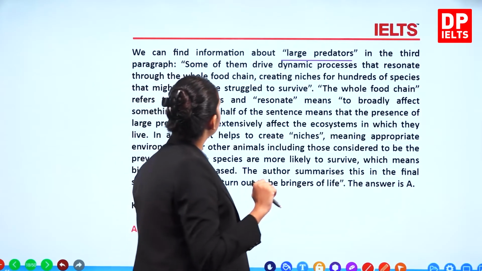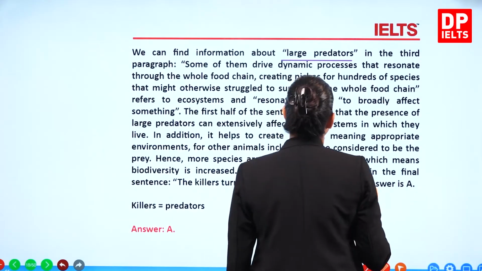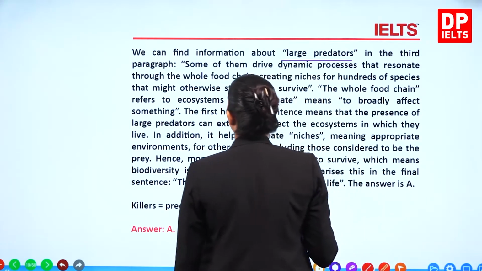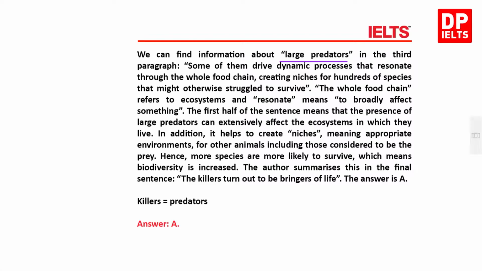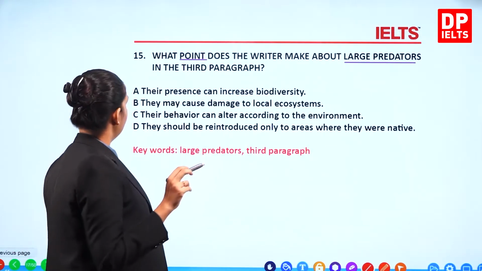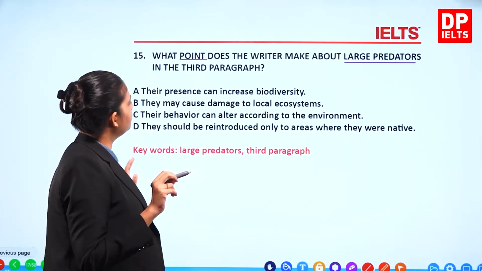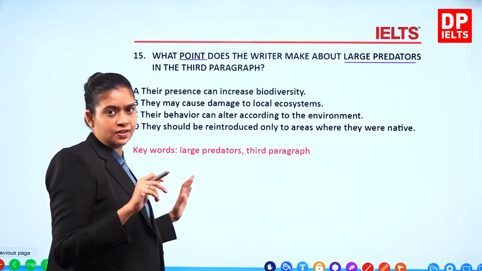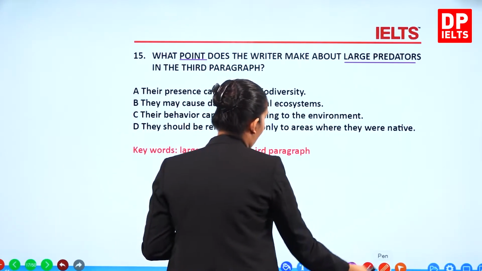Some of them drive dynamic processes that resonate through the whole food chain, creating niches for hundreds of species that might otherwise struggle to survive, right? So, we come back here. Their presence can increase biodiversity, seems okay.